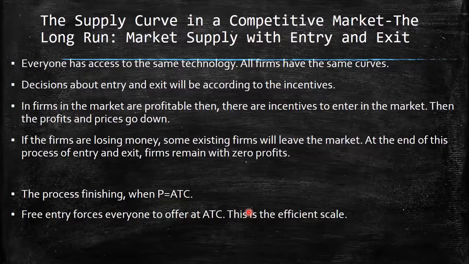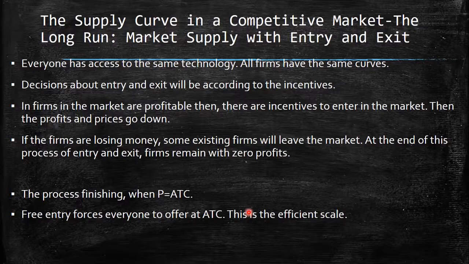In the long run, we base our analysis on free entrance and free exit. It's important to take into account that everyone has access to the same technology. For this reason, all the marginal costs are exactly the same. All firms have the same curves. And decisions about entry and exit will be according to incentives.